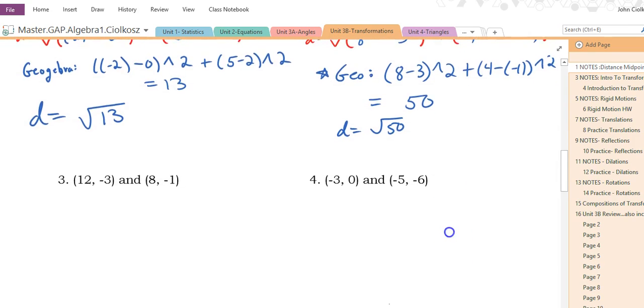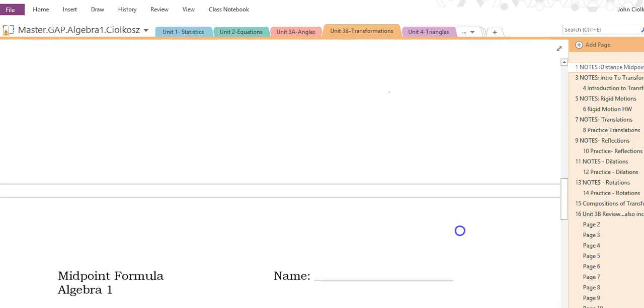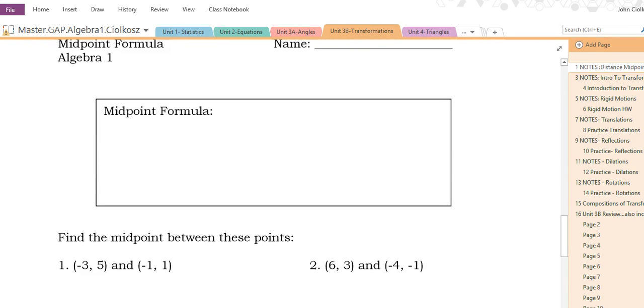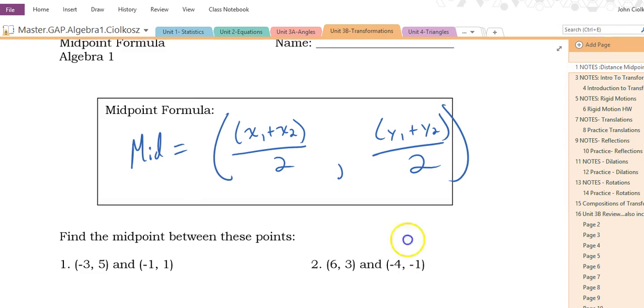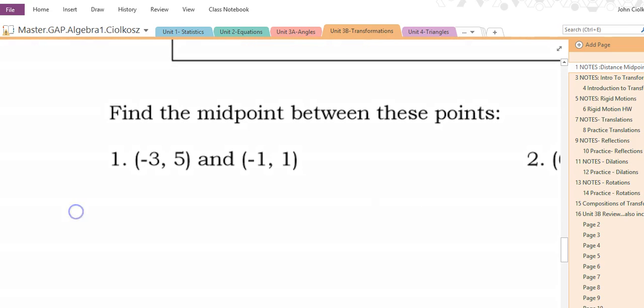For homework, you'll be completing problems 3 and 4, as well as the 2 below here for our midpoint. So midpoint's kind of unique. It's the only thing where I want to get an ordered pair. So let's go ahead and set up our work here.